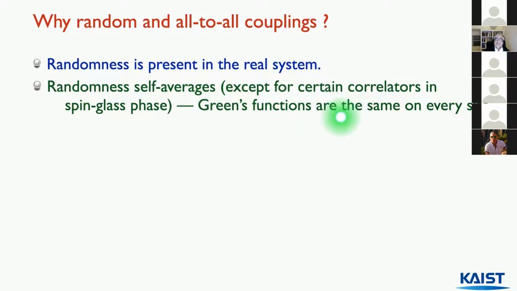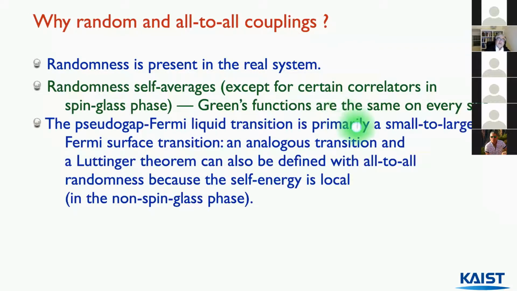The Green's function is the same on every site. So it's not as if you have some strange random-like features like many body localization or that kind of thing going on. That's just totally absent in this system. Even Anderson localization, every site is the same. Okay. And as we'll see, we can define small and large Fermi surfaces even in the random system.